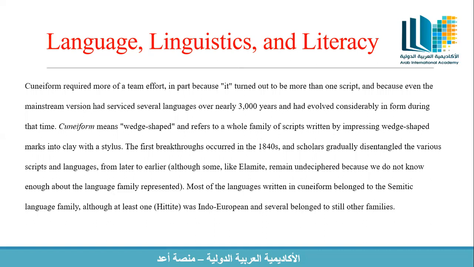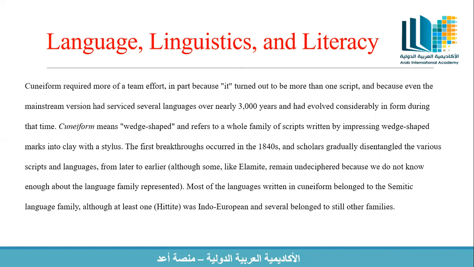So cuneiform means wedge-shaped and refers to a whole family of scripts written by impressing wedge-shaped marks into clay with a stylus. The first breakthroughs occurred in the 1840s, but scholars gradually disentangled the various scripts and languages.